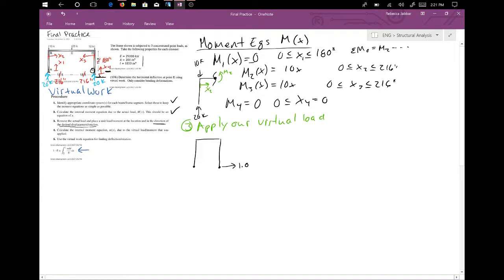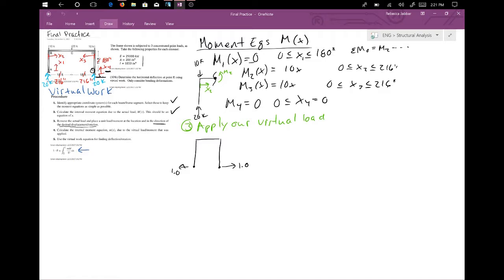So that will cause a horizontal support reaction at A going in the opposite direction. Again, statics, you could sum all the forces in x, but I hope you can just look at it and tell.